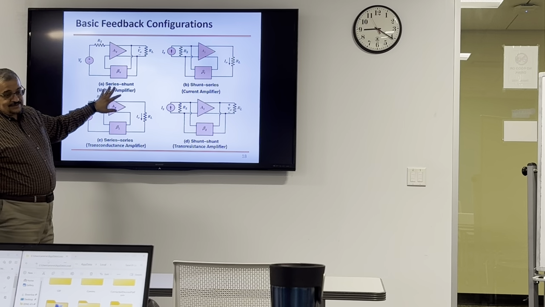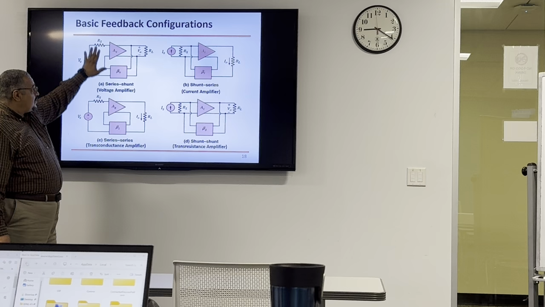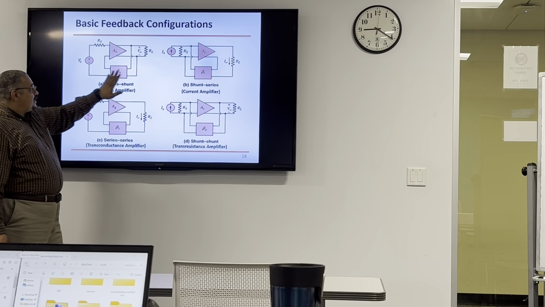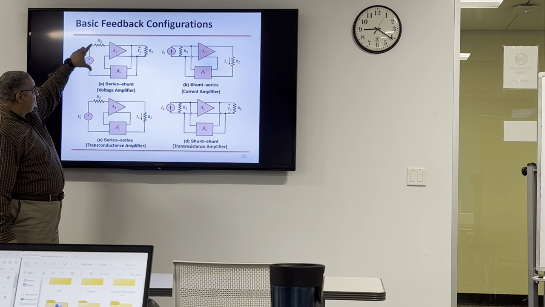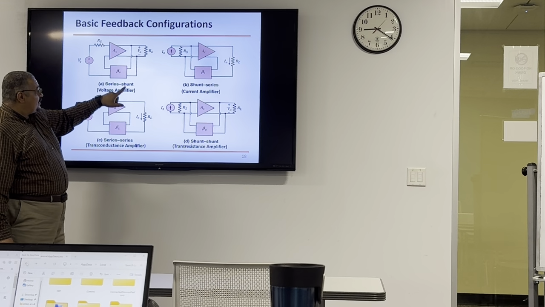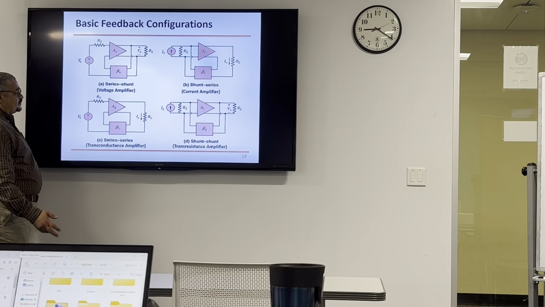But the convention used in this reference is input first, how input is mixed, which is series, and then how output is sampled or measured, so it's shunt or parallel.